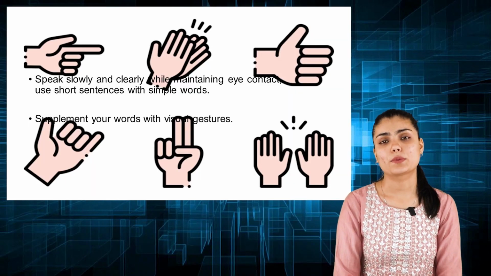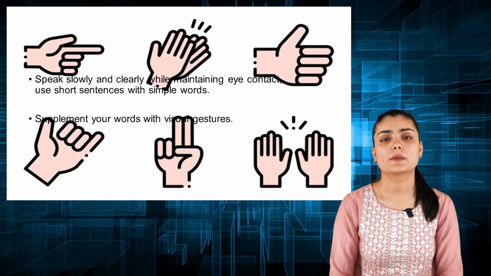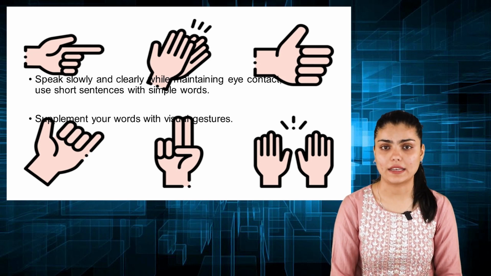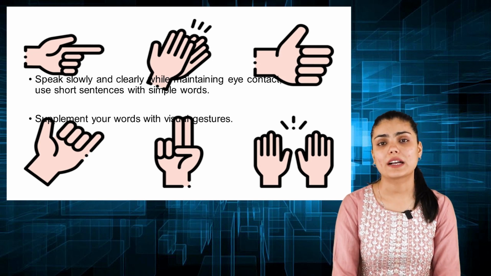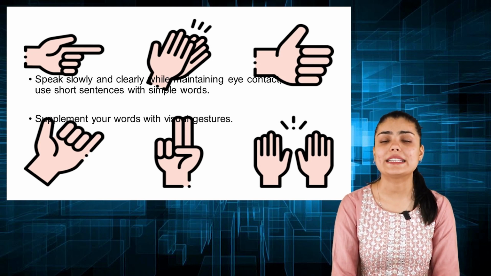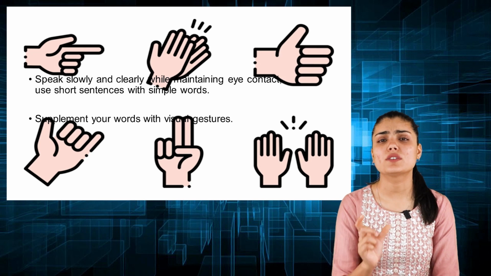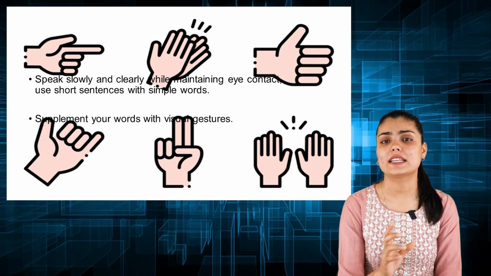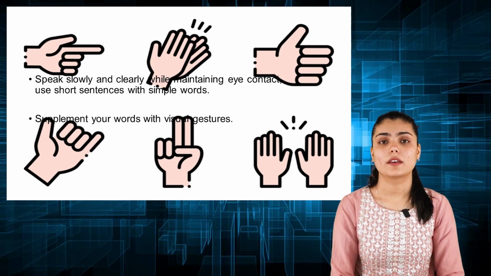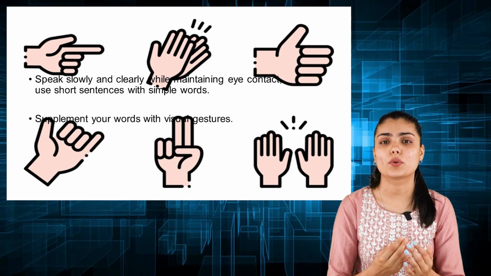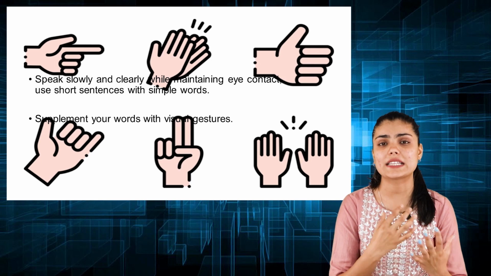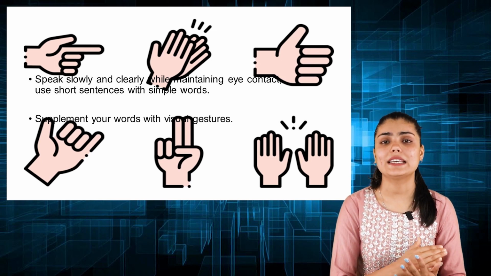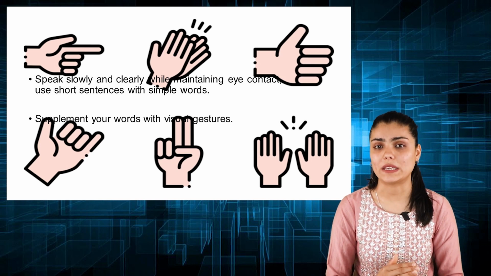Okay. Next one, when you're talking to the client, you must make sure that you speak slowly and clearly to the client. Also, you must maintain eye contact and use short sentences with simple language which is understandable by the client. Okay. Use certain gestures through hands, using certain signs to communicate with the client so that it is easier for the client to understand what you are speaking.